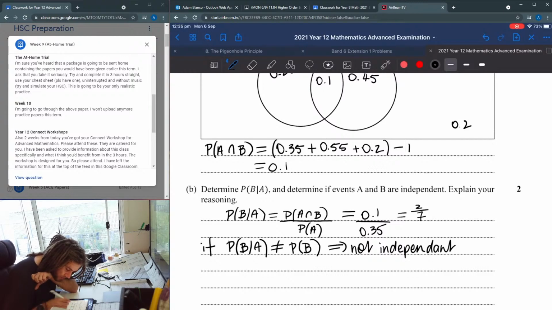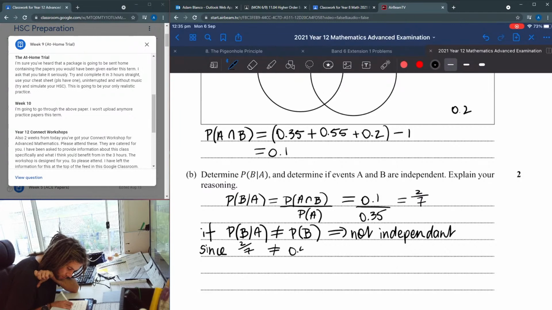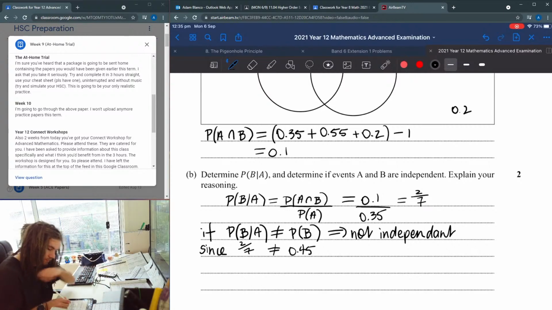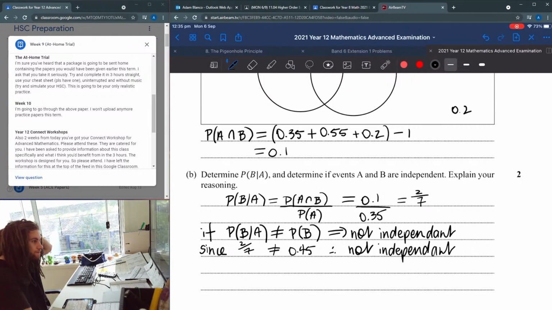And we can see that, so therefore, since probability of B given A is 2 on 7, and that does not equal 0.45, at least I'm pretty sure it doesn't, 2 on 7 is 0.28, therefore not independent. We haven't done that in ages. We did that in year 11.